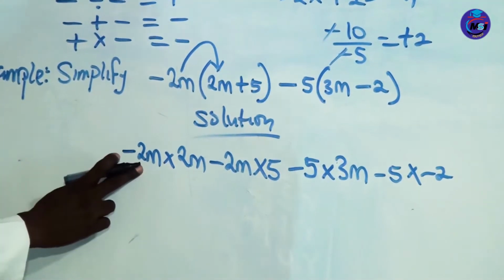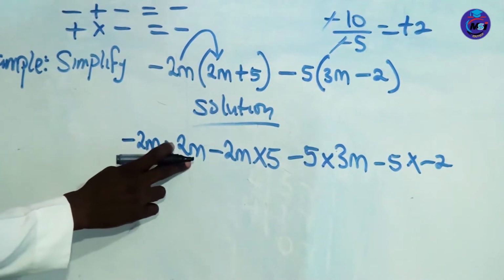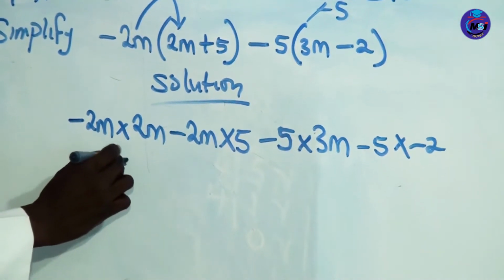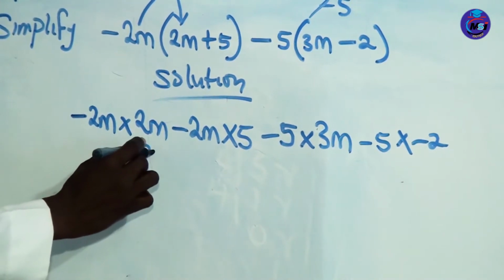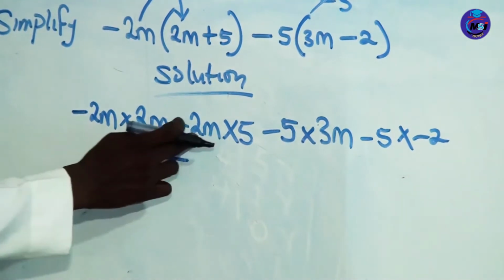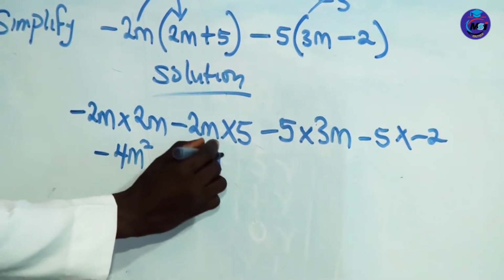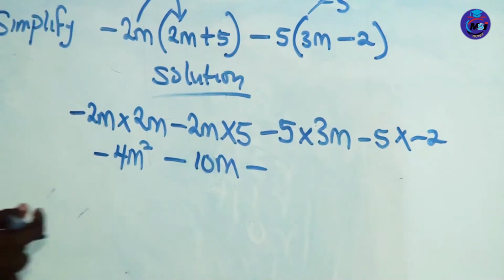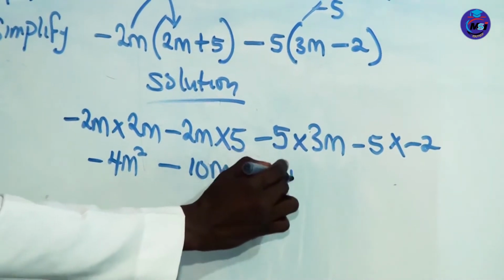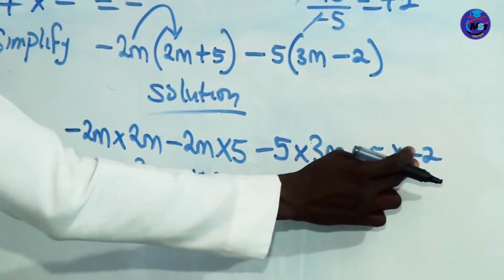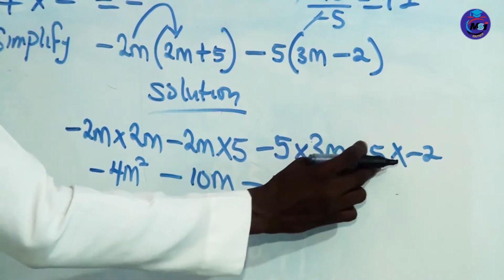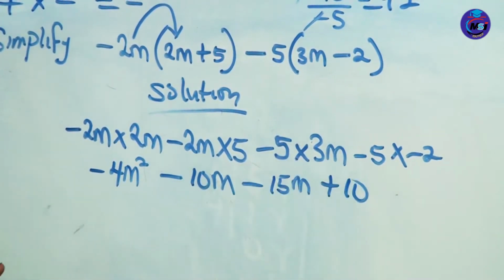Okay? Minus 2m times 2m is going to give us minus 4m squared. Minus 2m times 5, 2 times 5 will give us 10m. Minus 5 times 3 will give us 15m. Minus times minus will give us plus. So we are going to have plus. 5 times 2 will give us 10.